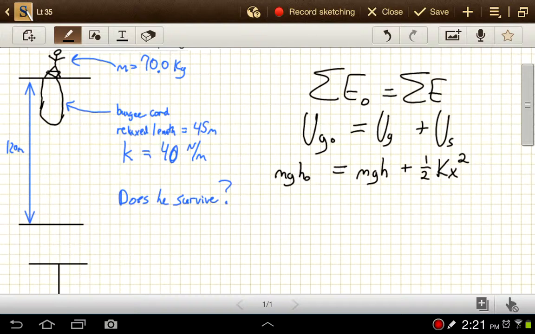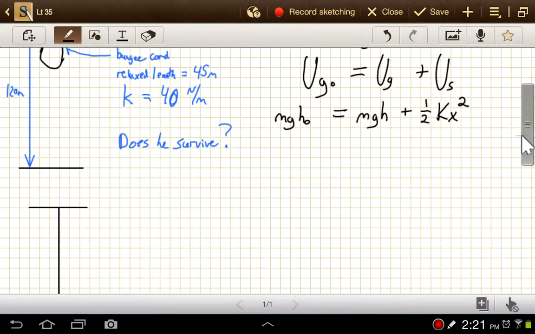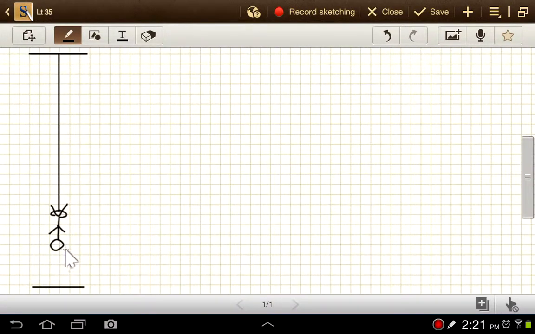The initial height, I'll call the ground 0, so he starts up at a height of 120 meters. The final height, I don't know. We hope it's something more than 0, that there's some distance here, but I don't know what the value is for that. So I'm just going to make a note that I need to figure out what this is. That's my h.